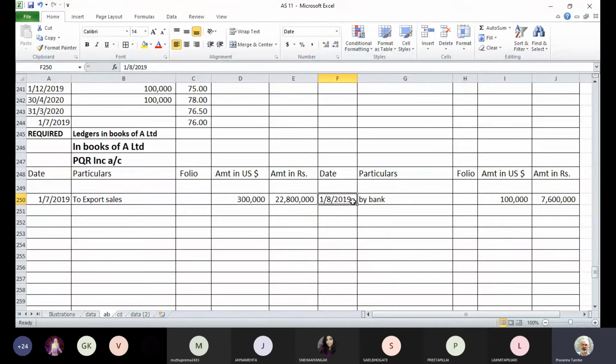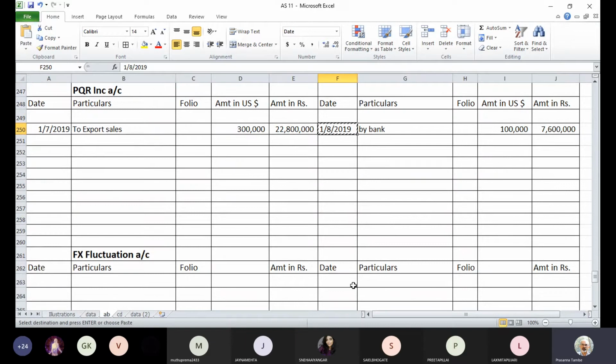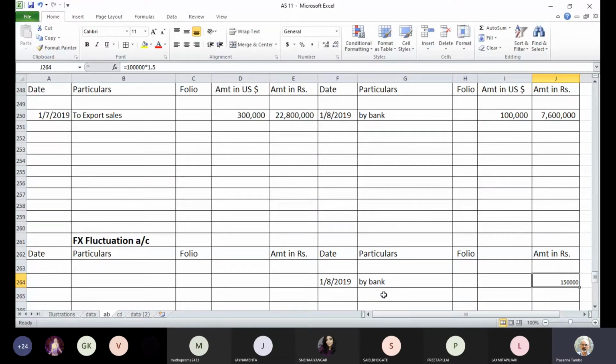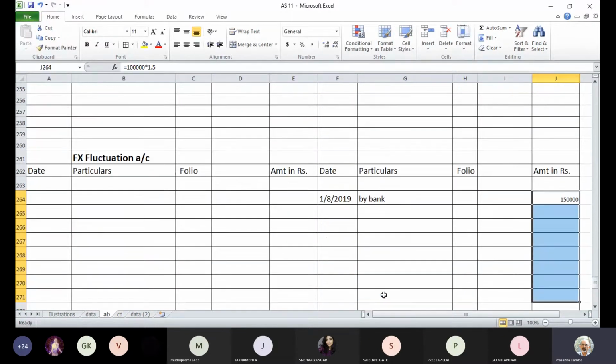On the same day, we will record the gain, which will be credited to FX fluctuation account. So by bank, it's going to be $1 lakh into 1.5, that is the actual gain per dollar. So 1,50,000 is the gain that is credited over here.